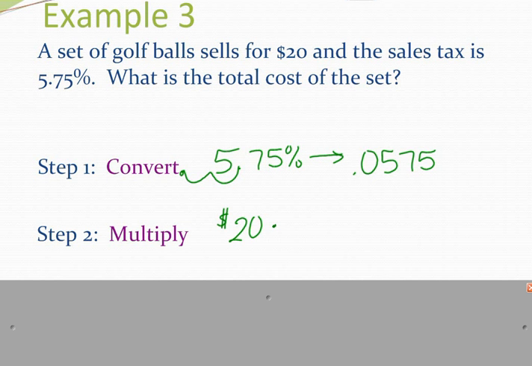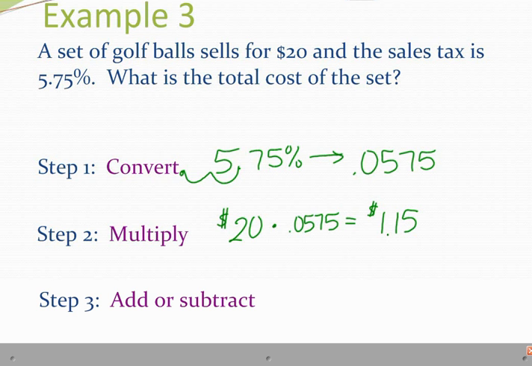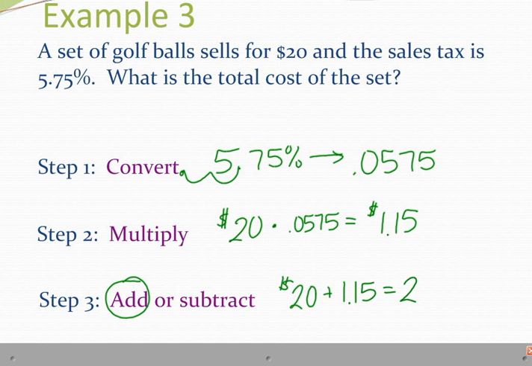We have a sales tax. We need to determine the $1.15. So in order to walk out, we have to add because it's tax. We have to pay $20 plus the tax. Gives us $21.15 as a total bill.